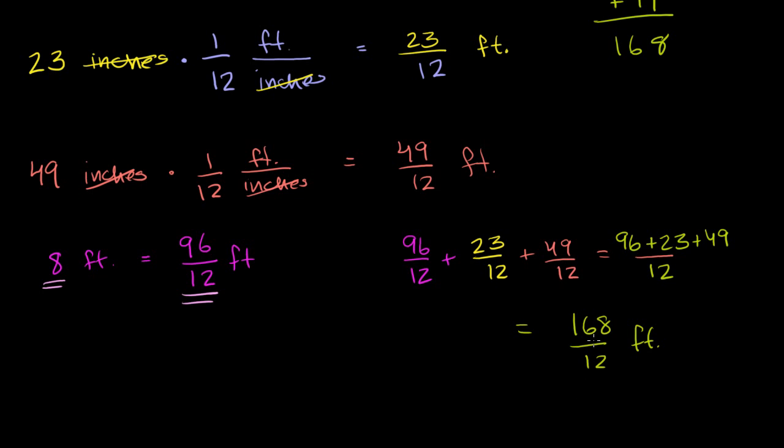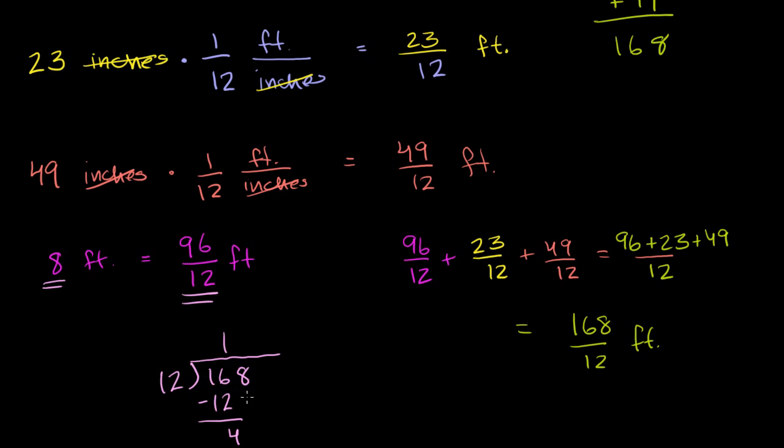But let's write this now as a mixed number so that we have a better idea of how many feet it really is. To do that, we just divide 168 by 12. 12 goes into 168. It doesn't go into 1. It goes into 16 exactly one time. 1 times 12 is 12. We subtract. 16 minus 12 is 4.